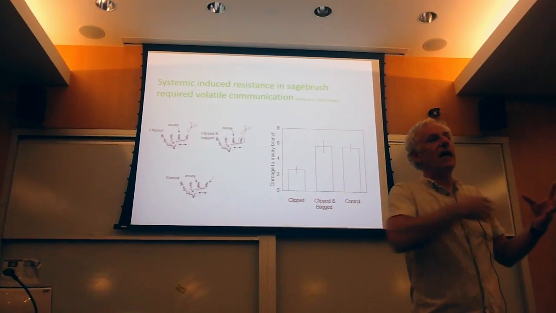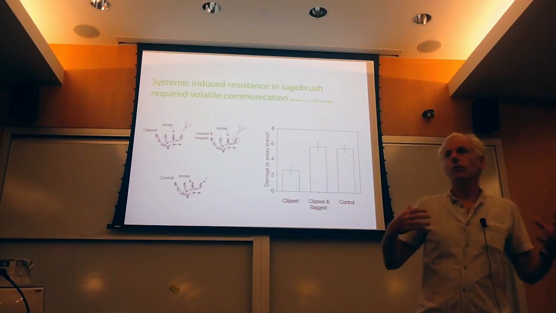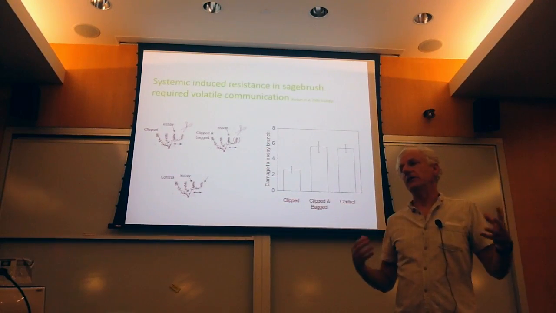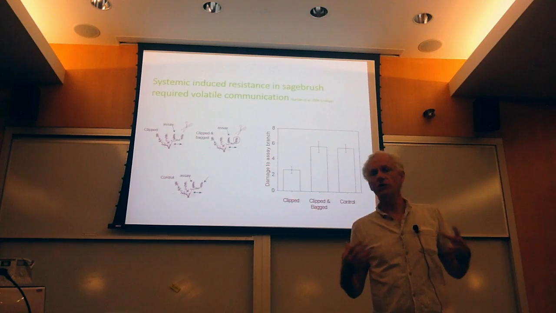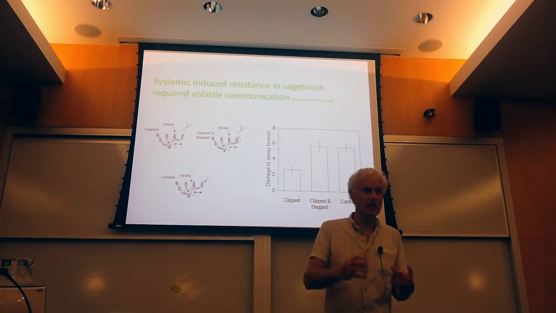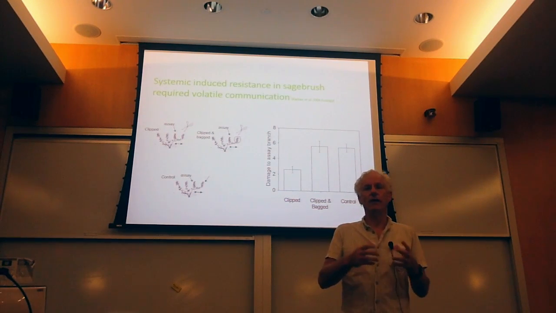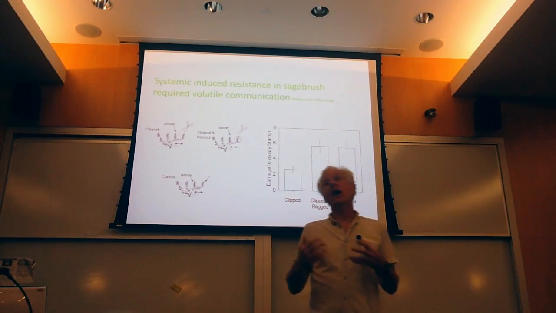So I am capable of systemic resistance throughout my body, through my vascular system. Well, it turns out that plants can do this to some extent, but their ability to move cues around their vascular system is not very good.